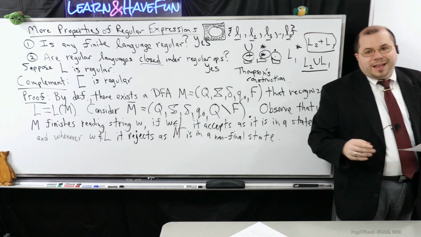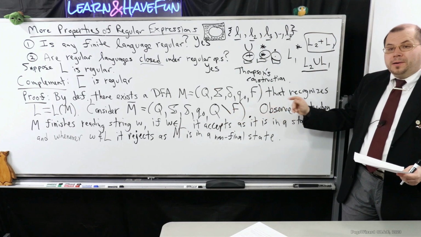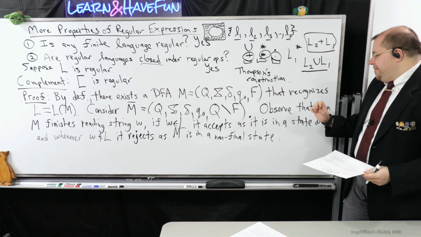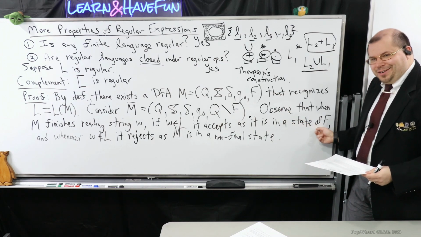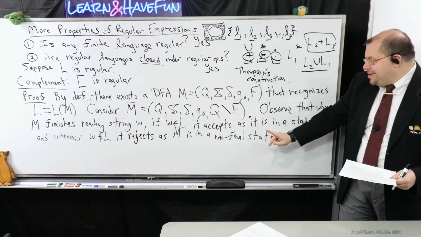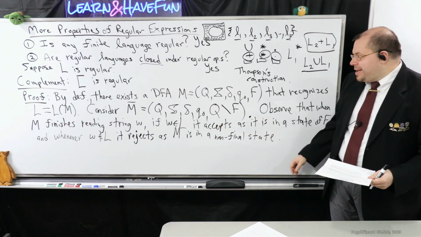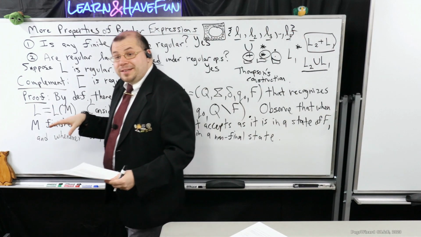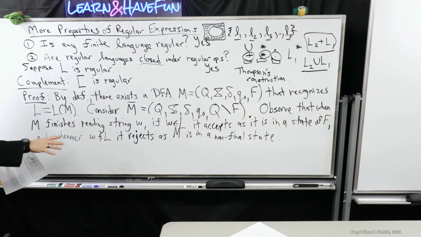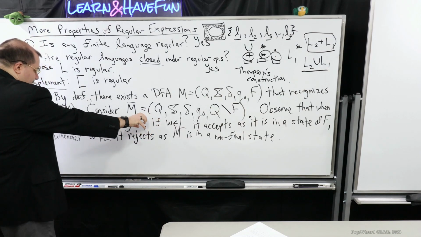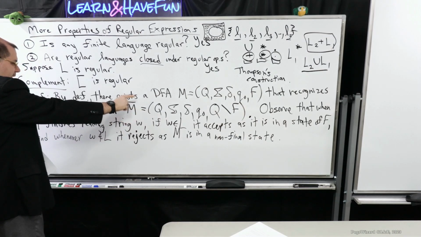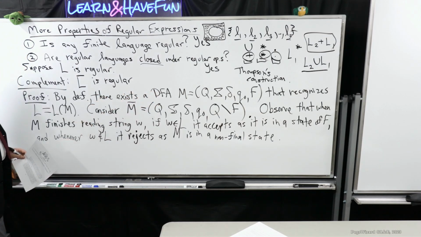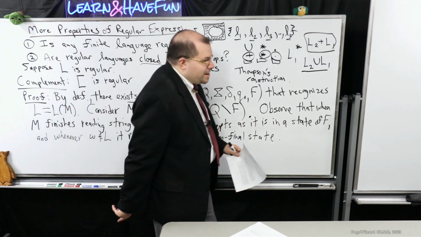Now take a look at how we constructed M bar. M accepts when it's in one of the final states, and rejects when it's in a non-final state. All I've done is take the states that were non-final and make them final states in the new DFA. Notice that this flips the reasoning: if W is in the language, M bar rejects, and it accepts whenever W is not in the language.